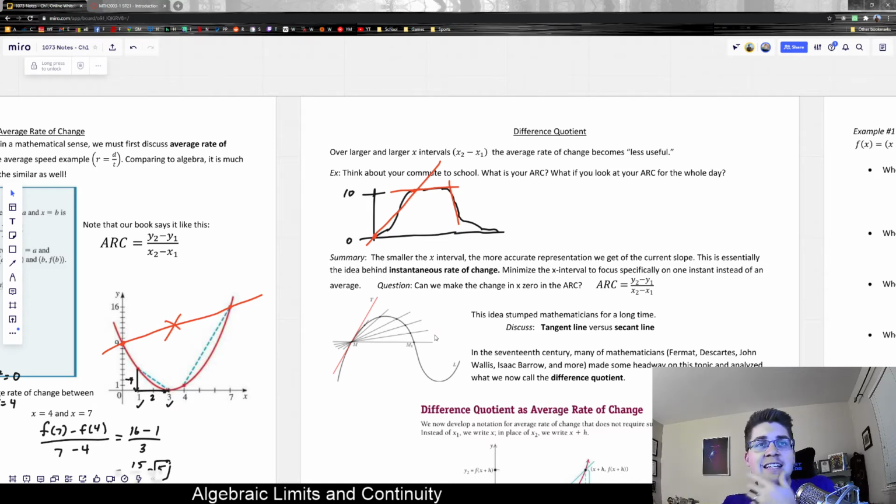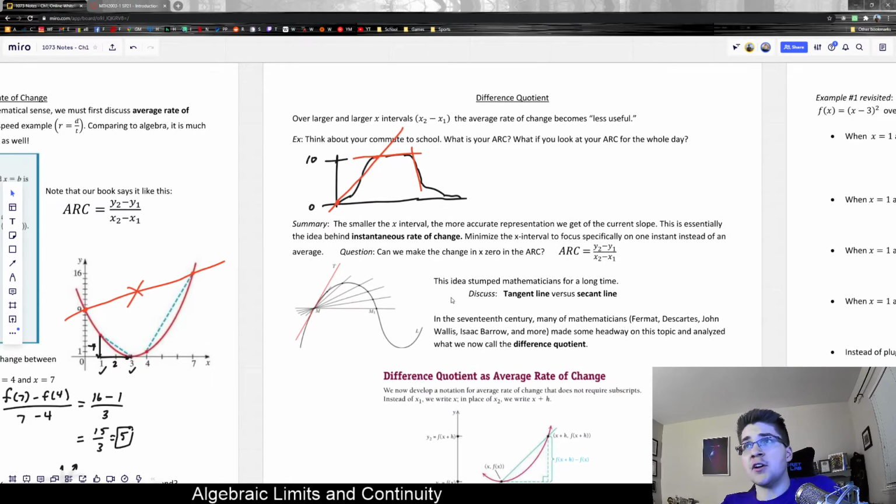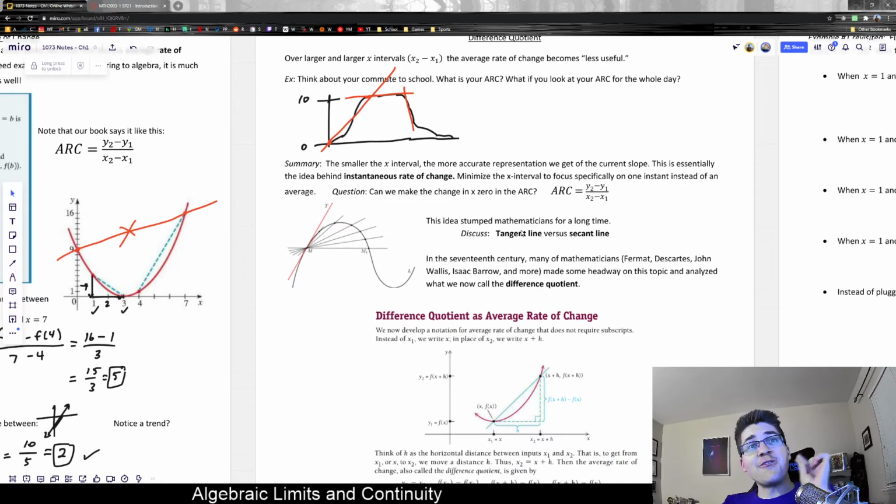And this is the exact idea behind what we call the difference quotient. Taking the limit of the difference quotient is the fundamental way that we define the derivative and figure out instantaneous rate of change. It's imperative in building that up. But let's start off by defining the difference quotient and talking about how to simplify it.